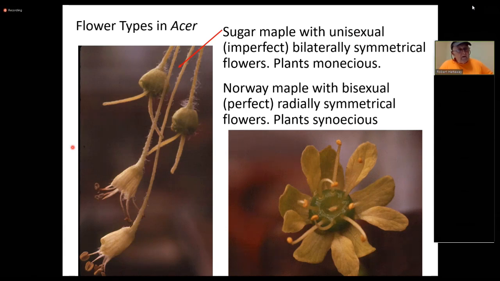But for example, the sugar maple has a flower that's not only incomplete, but it's imperfect. You have pistillate and staminate ones on different branches, actually the same flower cluster. But yet something like this non-native Norway maple over here has perfect, actinomorphic symmetry flowers, whereas these are bilaterally symmetrical, at least the females are.